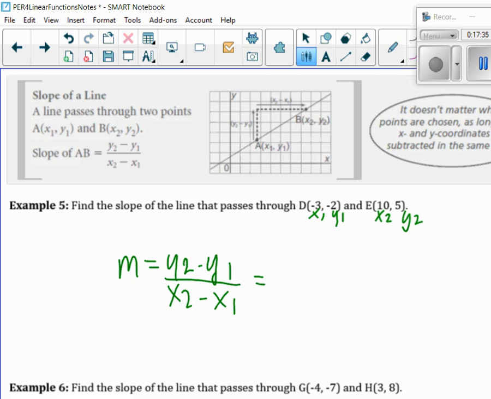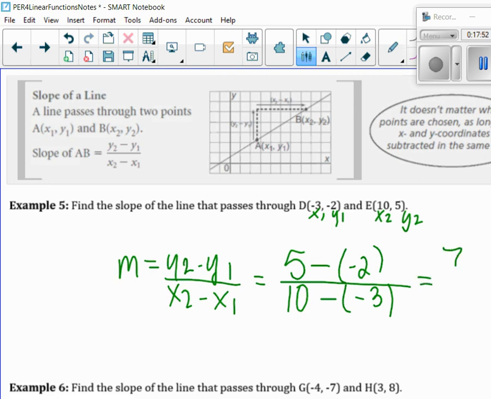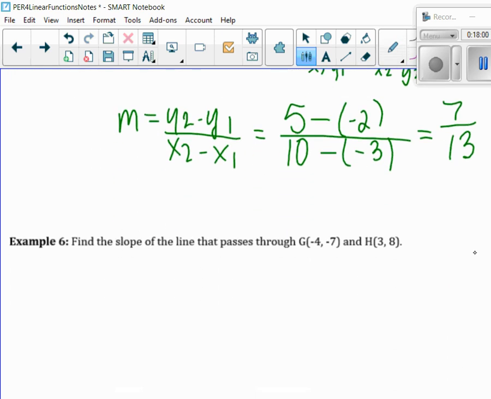So 5 subtract negative 2 over 10 subtract negative 3. So what do we get on top there? 7. What do we get on the bottom there? 13. Okay, so I'm going to give you a second to try the next one here.